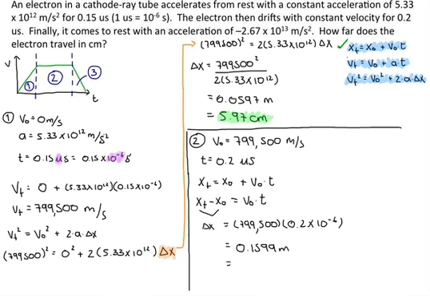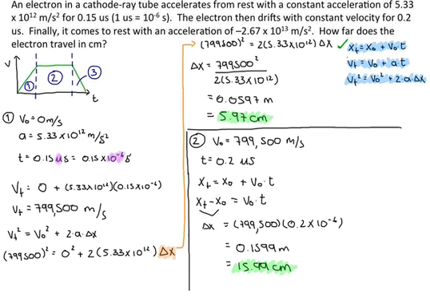Again, we are trying to find the distance in centimeters, so you multiply by 100 to get 15.99 centimeters. So this is the distance traveled in the second part of the journey, in which the electron was drifting at a constant velocity.